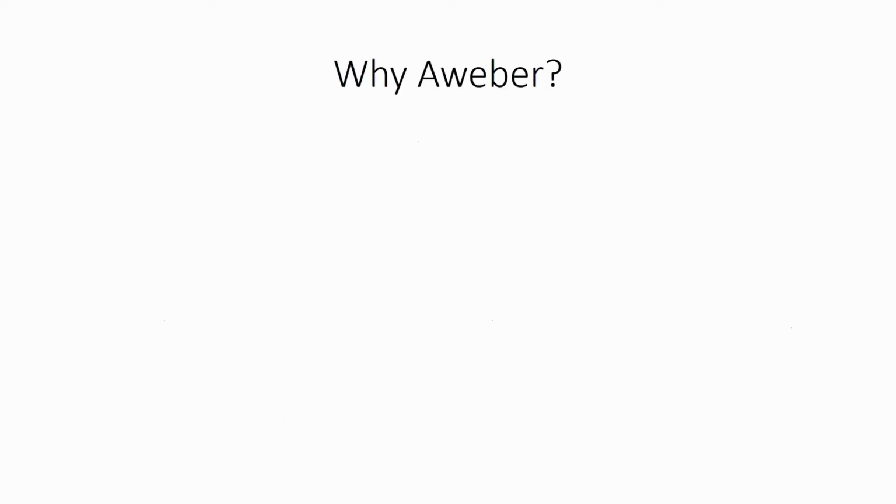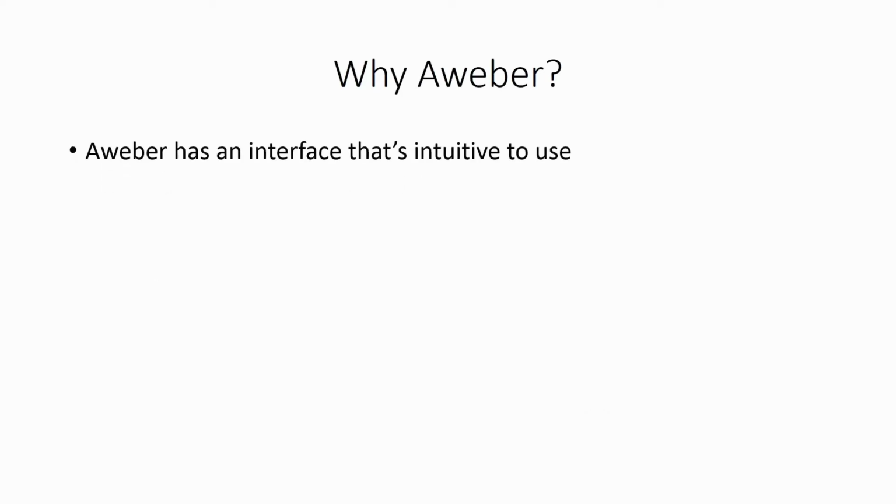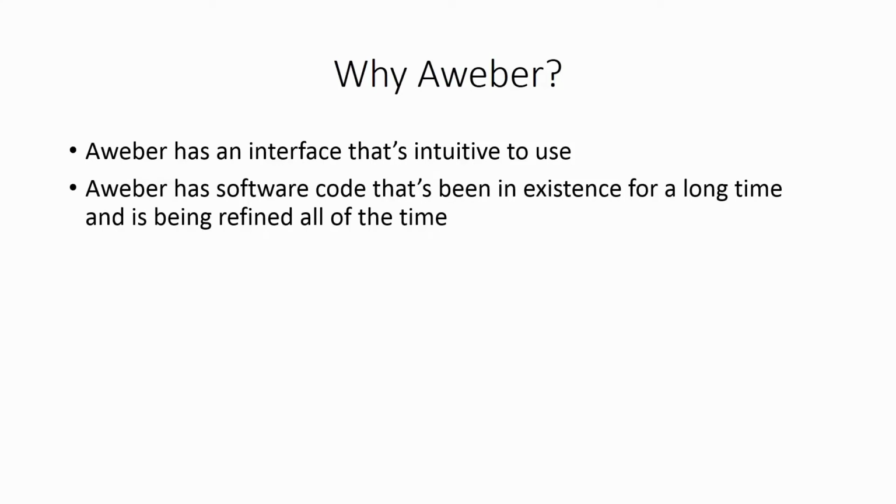You might ask now, why Aweber, right? It's probably because Aweber has an interface that's really intuitive to use. I mean, just about anybody can get started using Aweber and figure out how to write a message. Now for you technical people, it has software code, and Aweber's been around for a long time. So all that software code is constantly worked on, constantly refined.